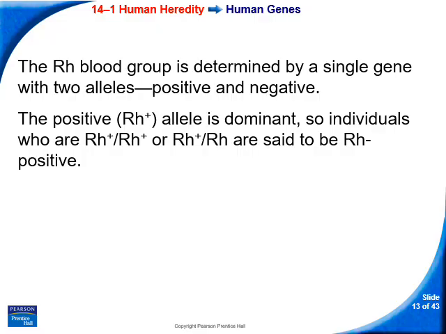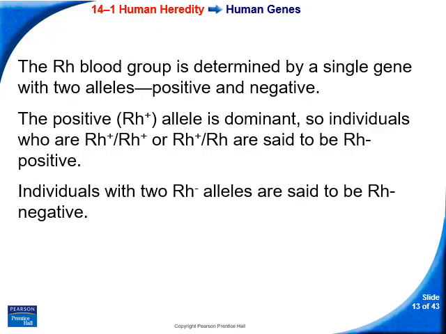Having the ability to produce the Rho antigen makes you Rh positive. You could be homozygous for being Rh positive, or you could be heterozygous. Or you probably do not have the ability at all to produce the Rh antigen, in which case you are Rh negative.